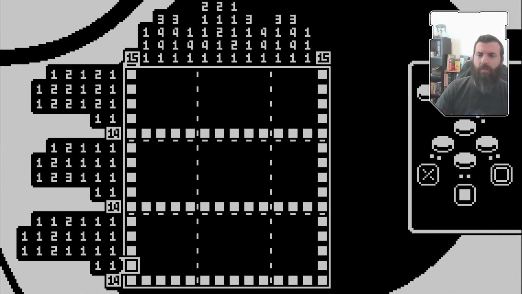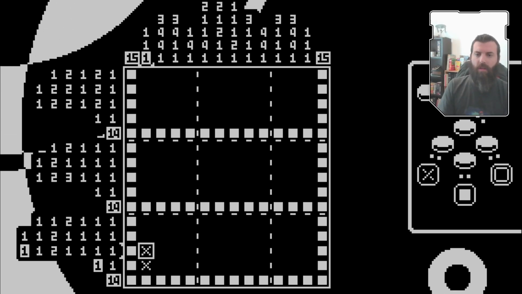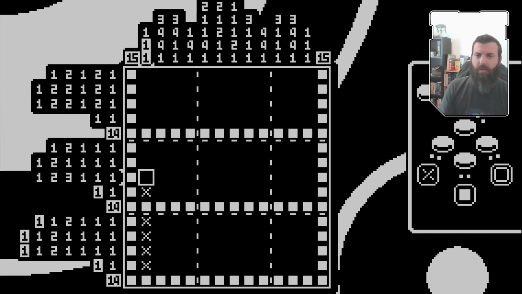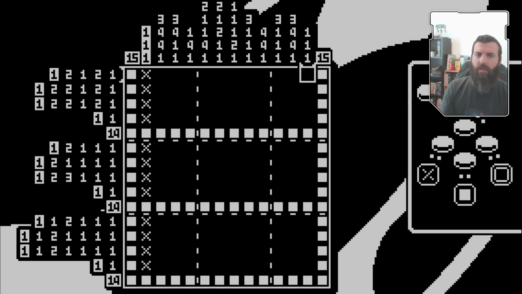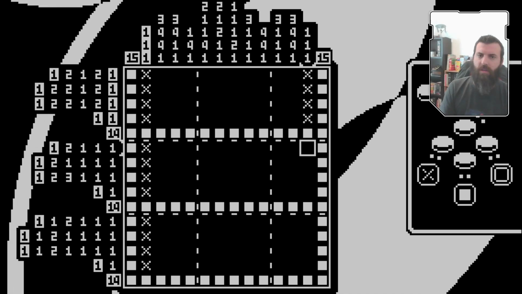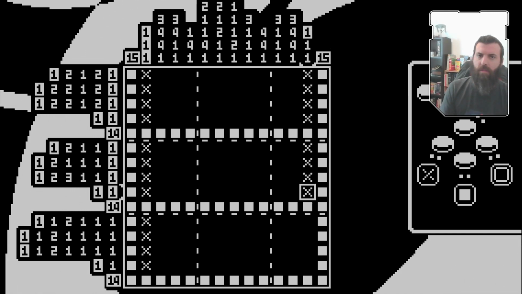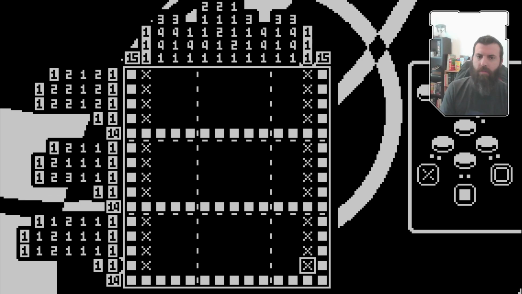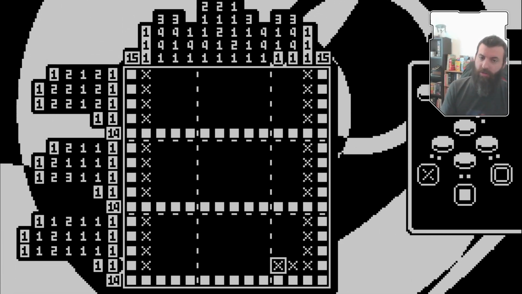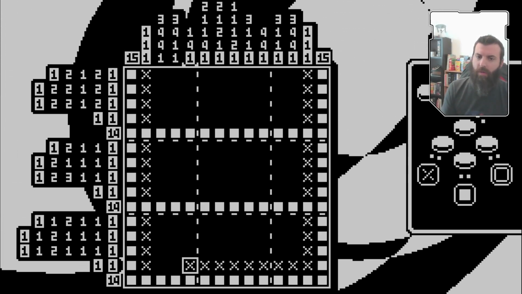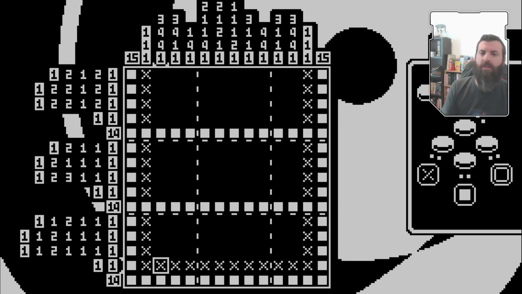With all of those in place, we can start Xing a bunch of spaces out because of the horizontal ones. Horizontal other side. Look at our verticals and say, there's just a row of 1s at the bottom, so we can X all of this out.